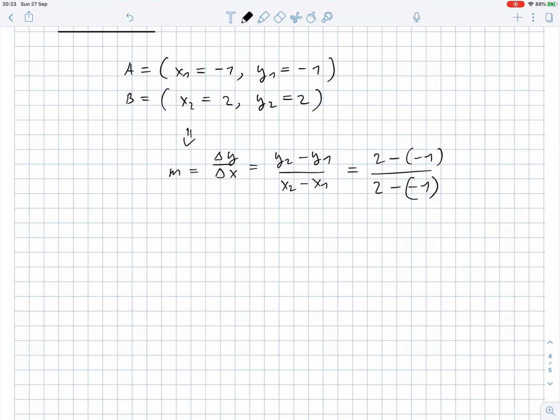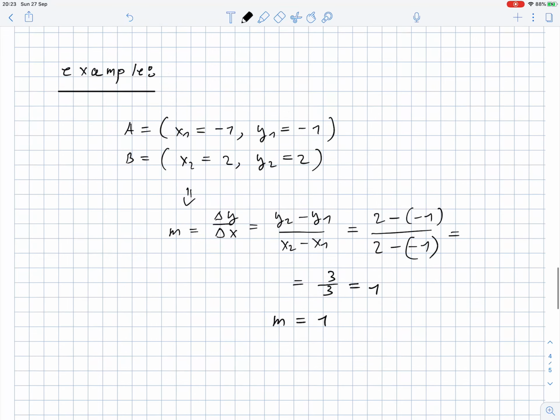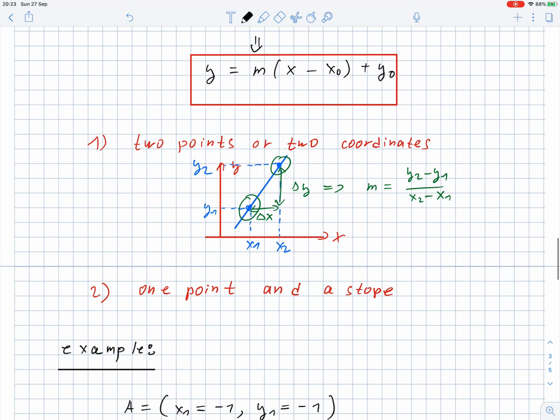So what is the solution? For the slope, 3 divided by 3, we have 1, which means slope equals 1. Now we found the slope.